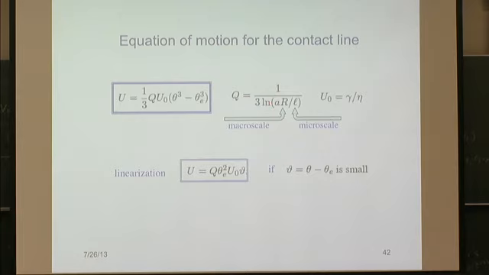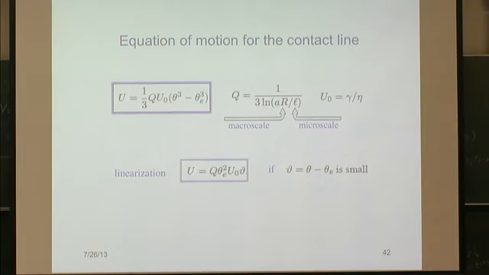This includes the log. It is inversely proportional to the log of macroscopic distance divided by microscopic distance, whatever it is. So we don't really need to know what the mechanism is, because any regularization of the contact line gives us this log, and there will be some coefficient which will depend on the particular mechanism.